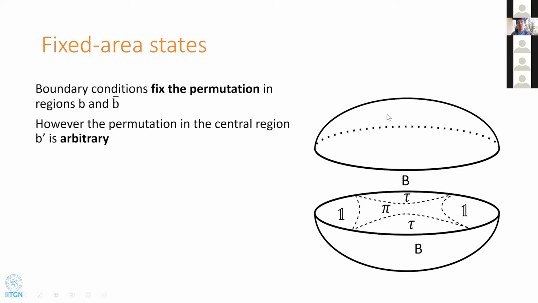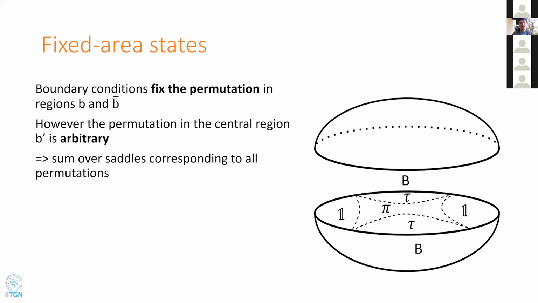If I start on sheet 2, I could end up at sheet 3, start at sheet 4, end up at sheet 2, and so on. Some arbitrary permutation pi. Okay, and I'll still get a solution to the equation of motion. It will just affect what conical singularities I have on these extremal surfaces. But that's fine, because that's allowed by the saddle points now that I've measured the area of those surfaces.